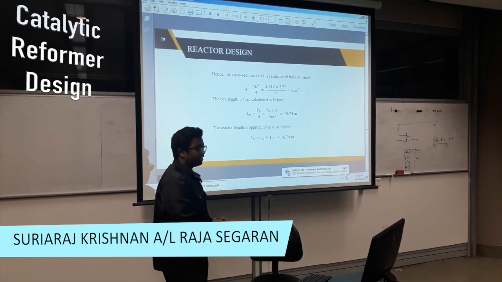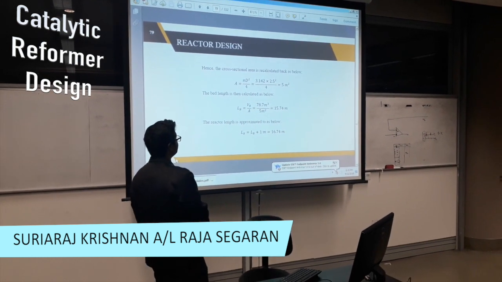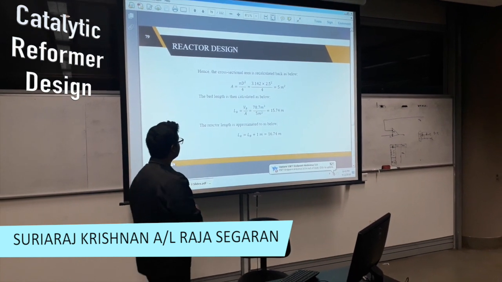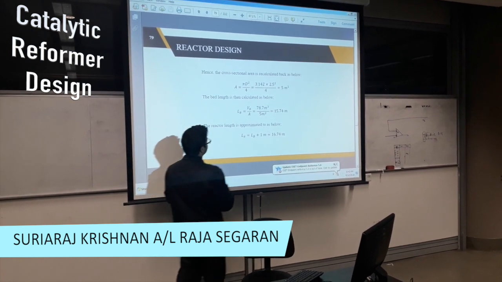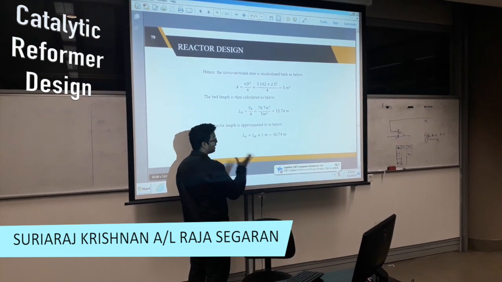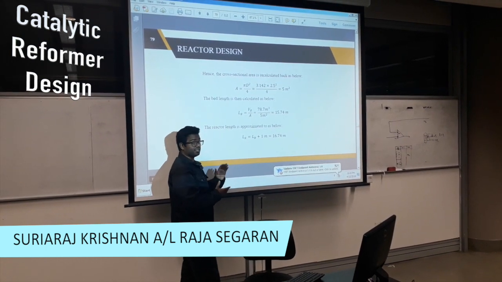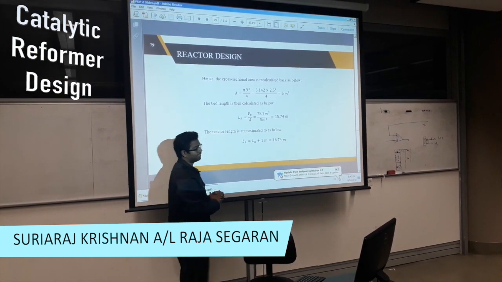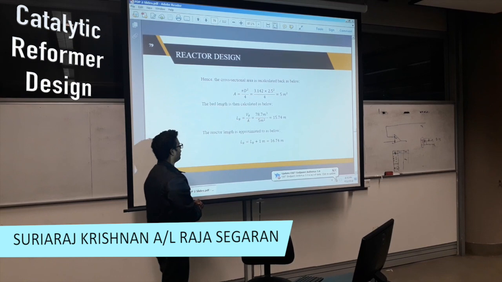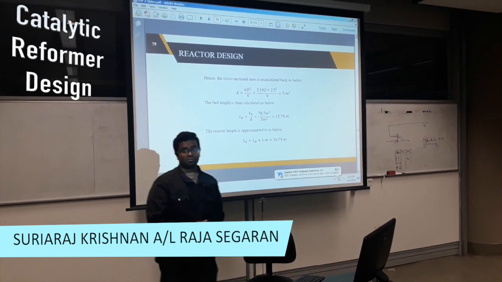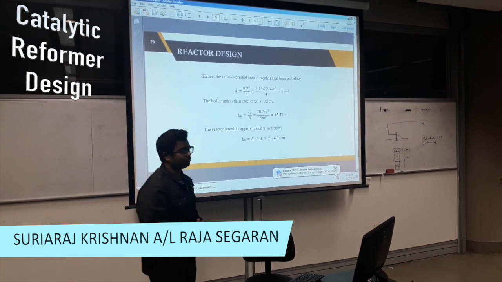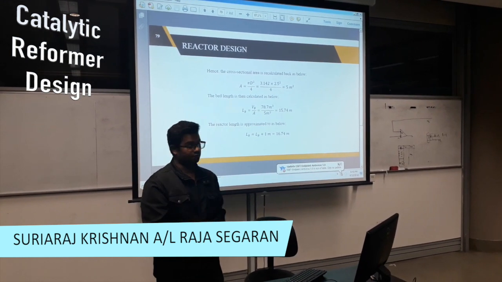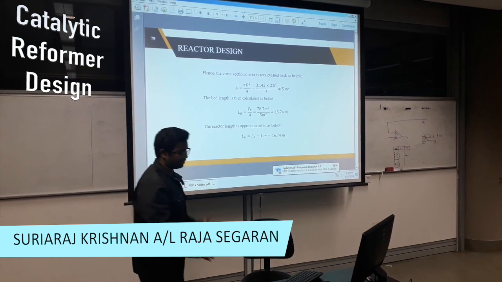Next, using this diameter, we again calculate the cross-sectional area, and dividing the volume by that area, we can know the bed length or the reactor length. Then we add an allowance of 1 meter up and down to put the dish for some movement of gas inside the reactor.